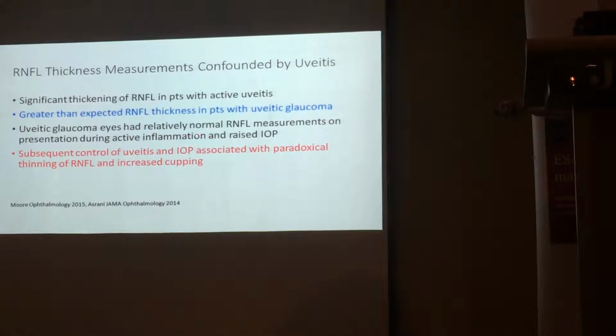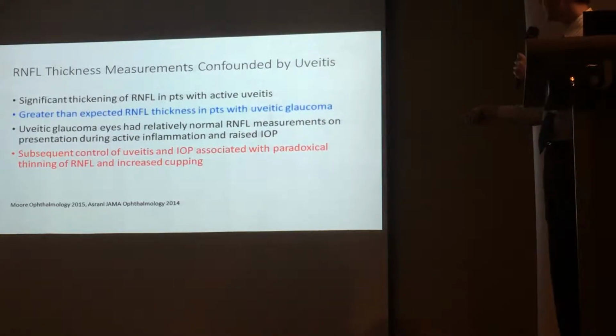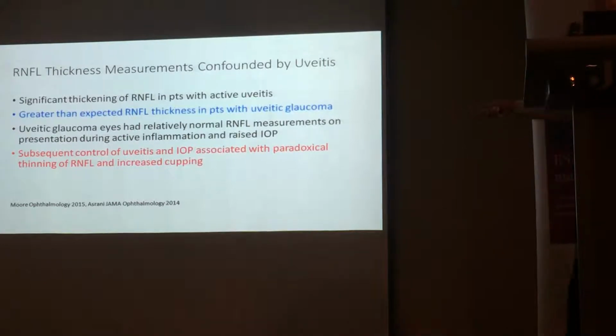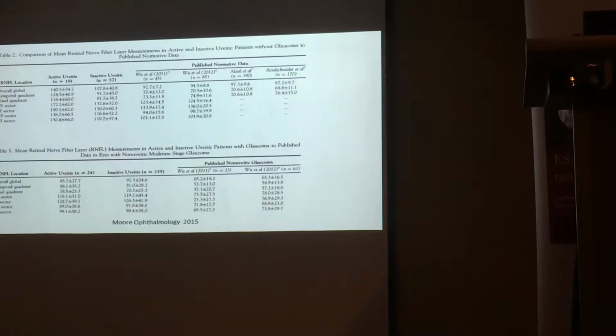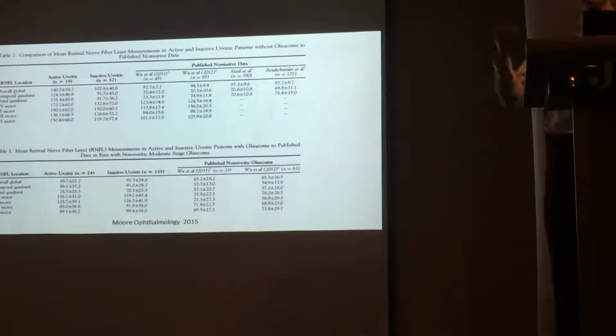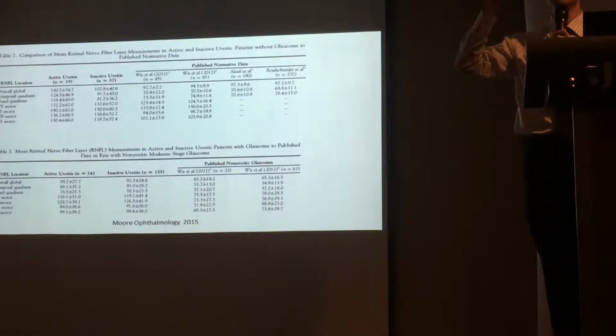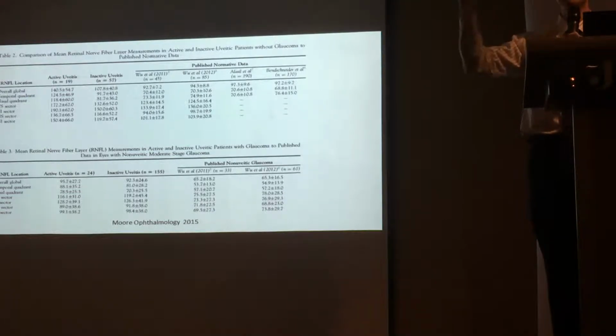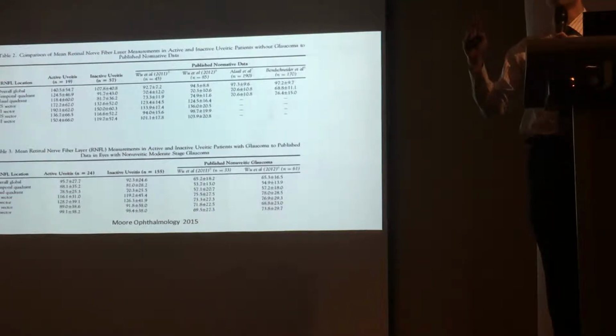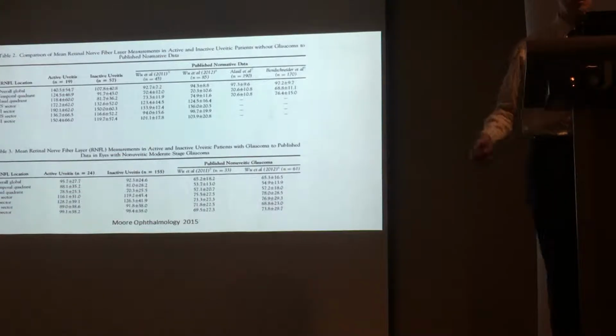Then subsequently, when the inflammation gets much better, several months later, and the IOP is better, you rescan them, and you find that, whoa, the RNFL is really thinned out a lot, and the nerve now looks more cupped. What's actually happening is that they're returning to their baseline. When you scanned them, they were in this inflamed and swollen state, so everything was abnormally thickened. But now they're returning to their normal state.